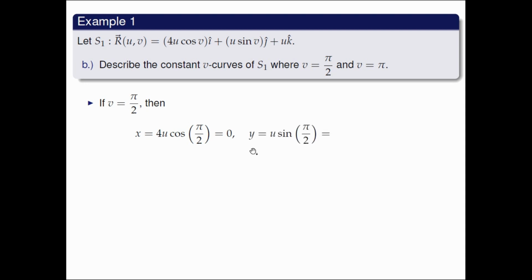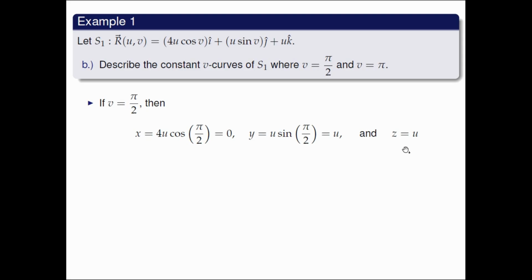Y equals u sine pi over 2. Substitute v equals pi over 2 dun sa y component. But sine pi over 2 is 1, so y equals u. Also, z equals u. Observe that y equals u and z equals u.